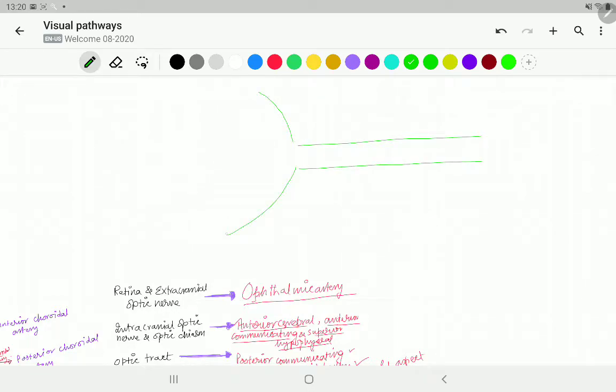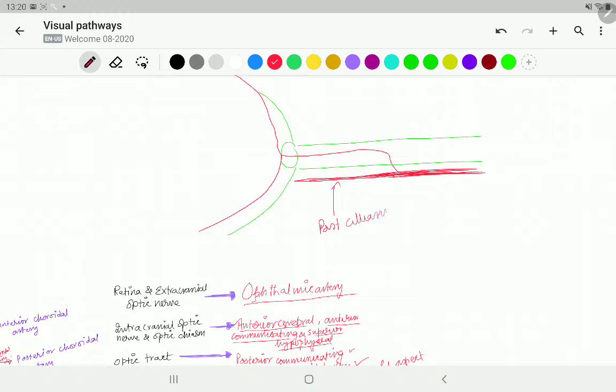So this is our retina. This is the head of the optic nerve. The optic nerve and the retina are predominantly supplied by the ophthalmic artery. The ophthalmic artery divides into the posterior ciliary artery and the central retinal artery.